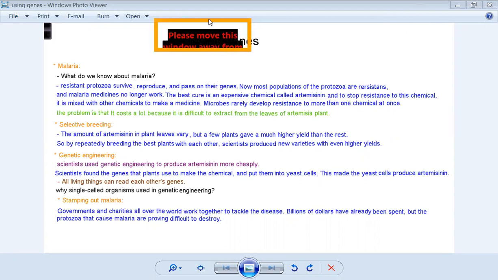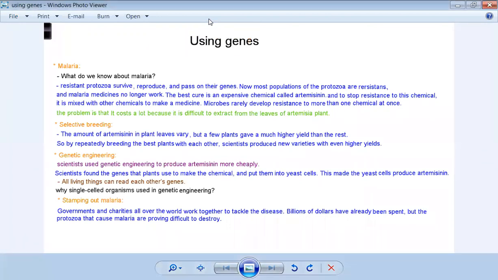Okay, let's start our lesson with a revision about the previous lesson, about moving genes. Can you give me a summary about moving genes? When genetic engineers move the genes, it's hard to do, so they need skills.